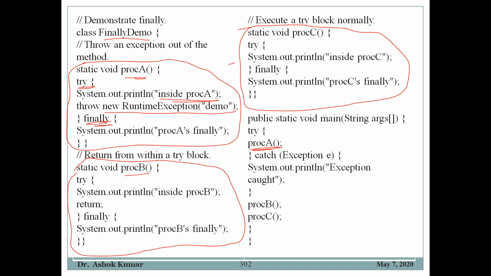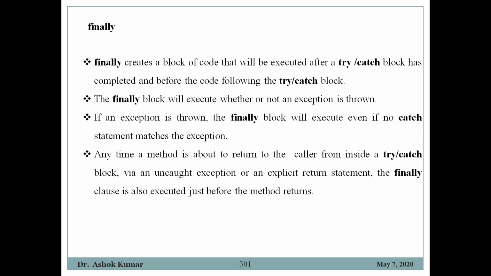Here I would like to show you these points once again to make the statements more clear. The first important point is that finally creates a block of code that will be executed after a try catch block has completed and before the code following the try catch block.